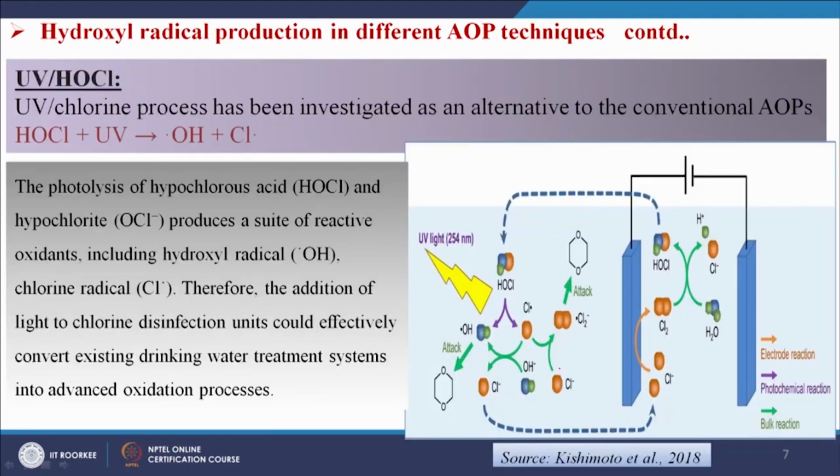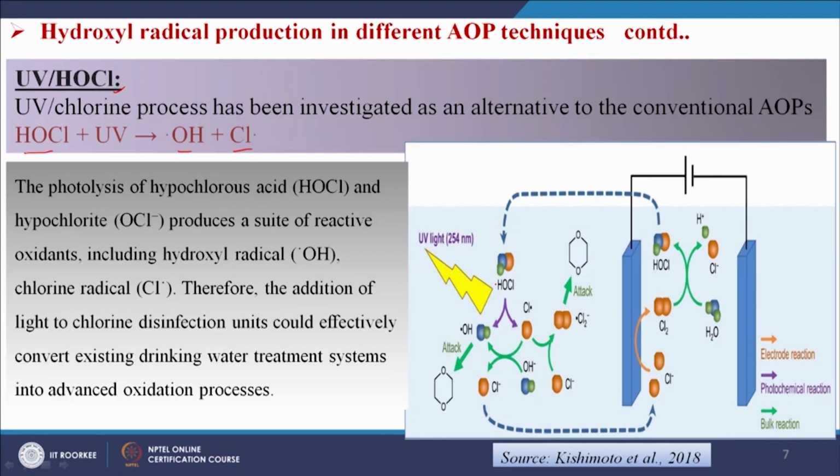Now, the UV HOCl method we will see, which is also in presence of UV light. If HOCl, hypochlorous acid, is present in the water, then this HOCl will be dissociated to OH dot and Cl dot, that is, hydroxyl radical and chlorine radical. How can this be possible? If HOCl is present in the water, under UV light it will be dissociated to OH dot and Cl dot. But how can HOCl be available in water?